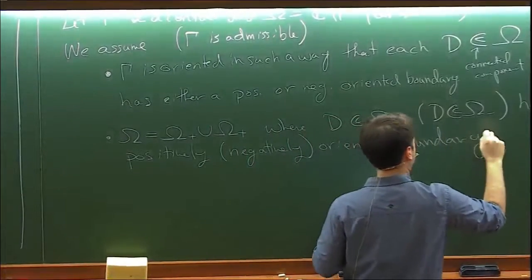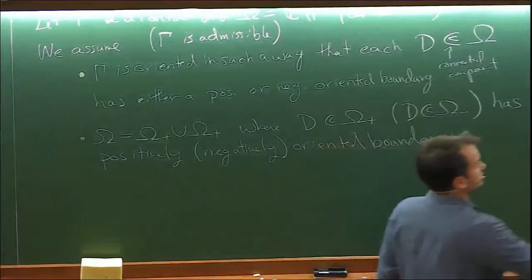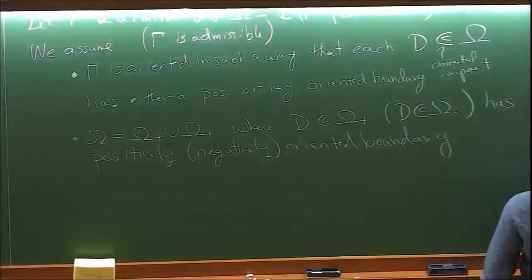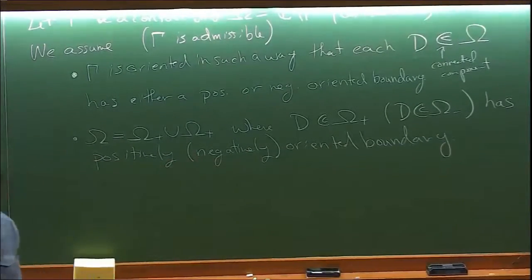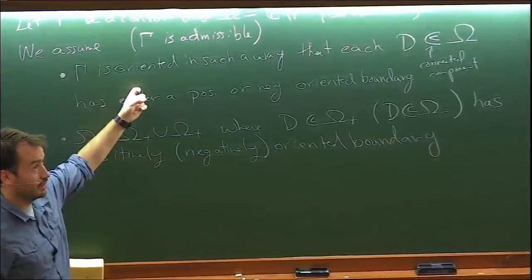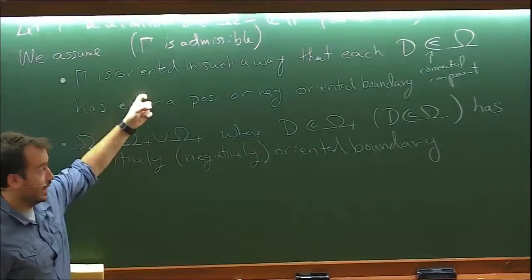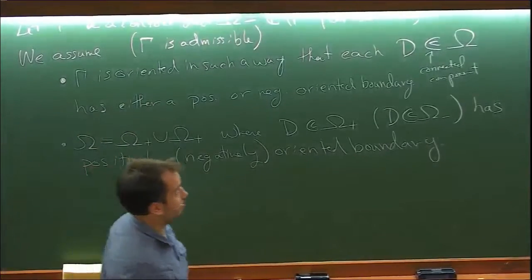Okay, so what do I mean by this? The best example is to think of our contour, not even drawing arrows, as the real and imaginary axes. What this is really saying is I look at all the connected components and I can color them white or black.